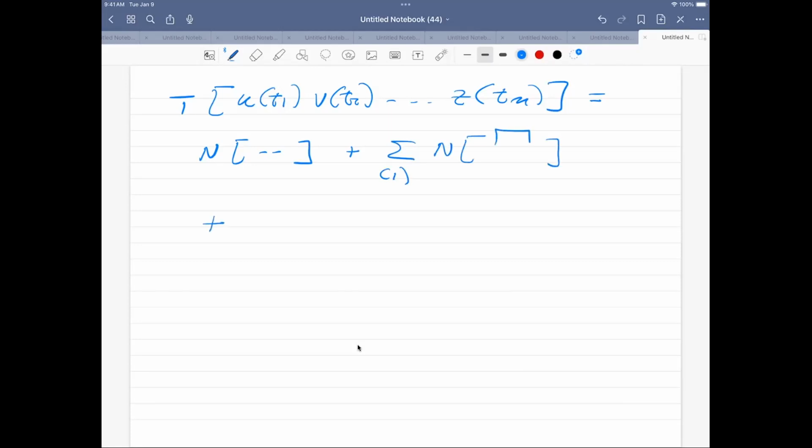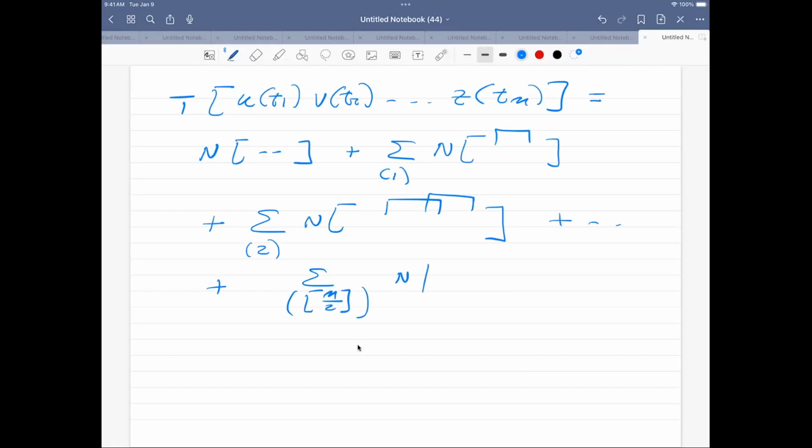I have the sum over all possible 2 pairs of annihilation and creation operators, still normal order. And this is going to be given by this symbol here that I'm contracting 2 pairs of creation and annihilation operators. And this continues all the way up to the contraction of all pairs of operators.